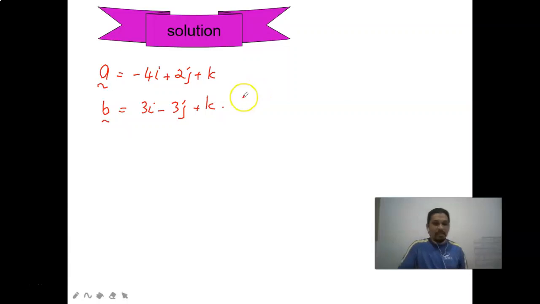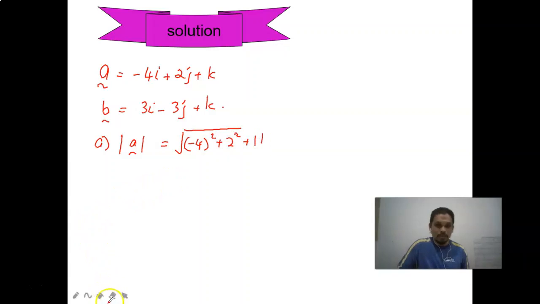So for the first question, we are going to come up with this formula: negative 4 square plus 2 square plus 1 square.